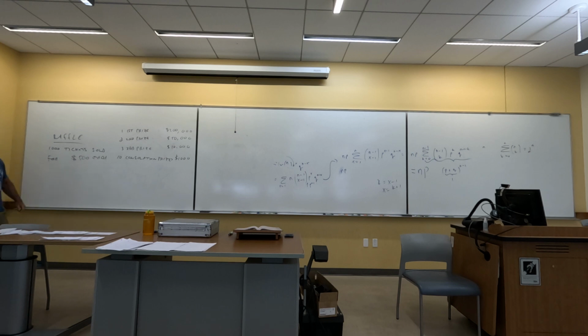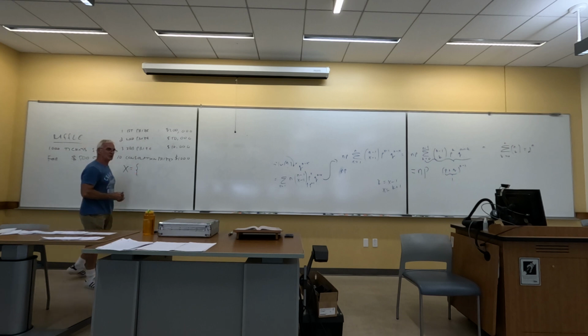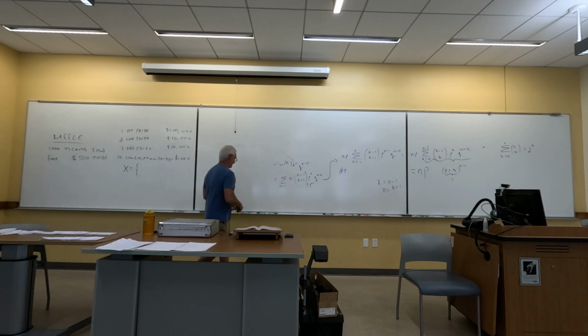But wait a minute, nobody's walking away with 0. Some people are making a lot of money. Most people are losing $500. Kind of have to take that into account. So let X equal the possible outcomes of somebody who buys a raffle ticket. You had to buy the raffle ticket. Okay?